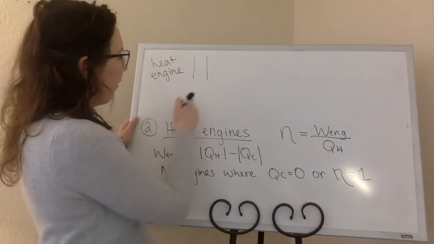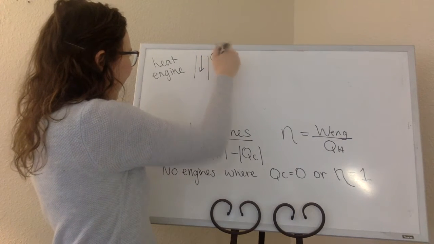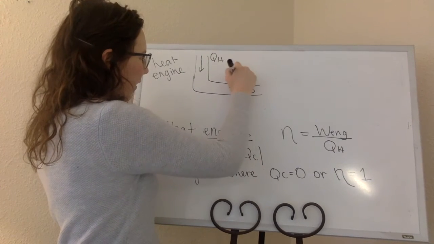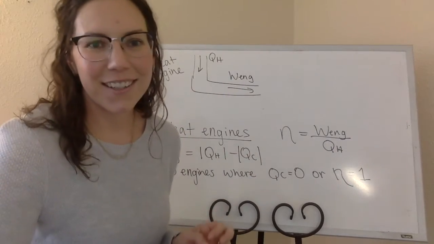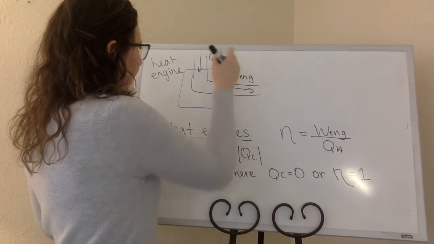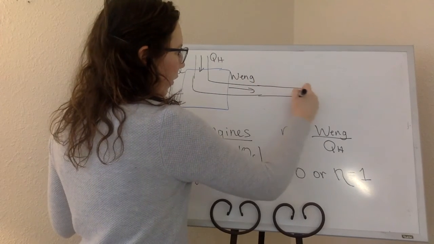If it was perfectly efficient, we would have QH coming in, and then that's going to transfer out to the work done by the engine. Put a box around that for the heat engine here. And then that would go over and connect. Let's connect it to a refrigerator.